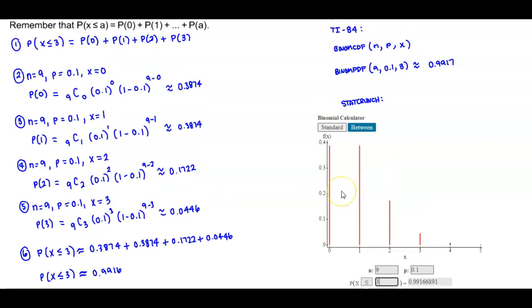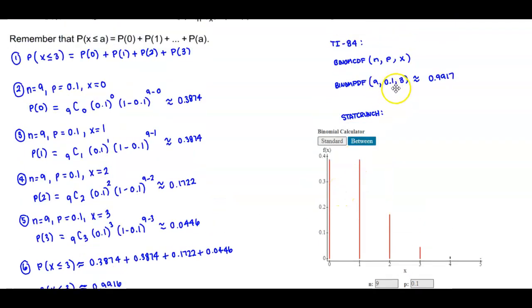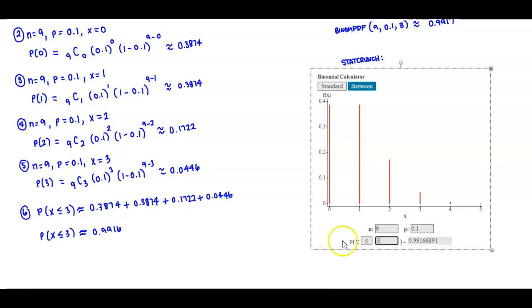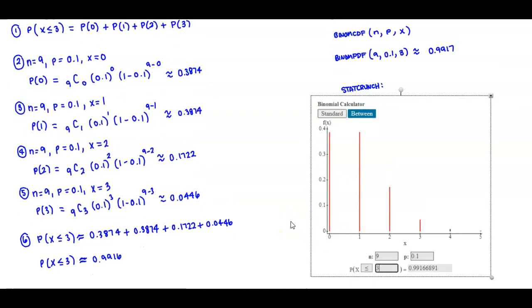So I wanted to point out here that, see the calculator? It gives you the best approximation. So does the binomial calculator. The reason why this number is slightly off is because we rounded it prior to adding these all up. So what I want to do now is redo this so that you understand why this needs to happen.